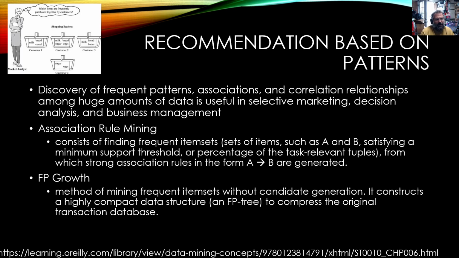But even without that, you can say that historically people come in and buy these 5 things together, or at least these 5 things plus some other things. So you may end up putting them further apart so that somebody has to traverse more of your store, or you might put them closer together along with some other things that seem to be correlated with what they want. You might put some of the beer next to the diapers, which is one of those classic correlations that people talk about.